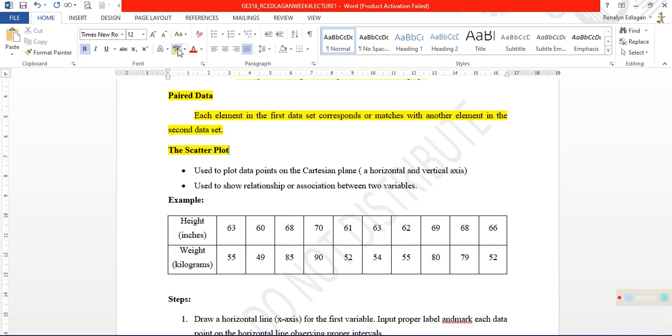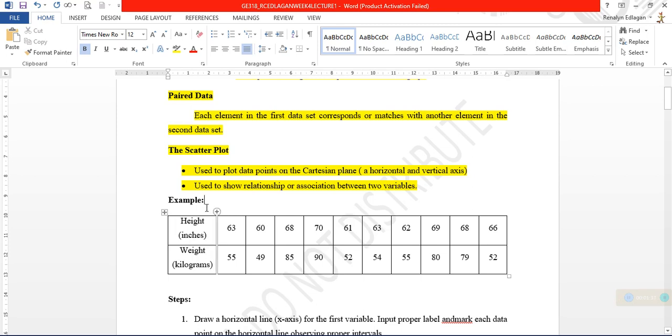So when do we use scatter plots? It is used to plot data points on the Cartesian plane, a horizontal and vertical axis, and it is used to show relationship or association between two variables. So this is perfect when you want to find out if there is a relationship between two given variables. Say for example, we want to know if there is a relationship between the height and the weight of students.